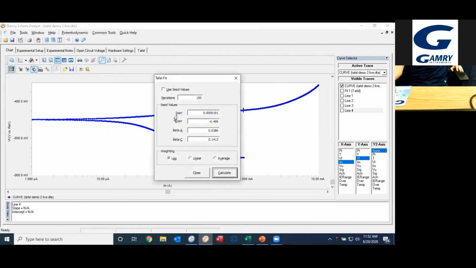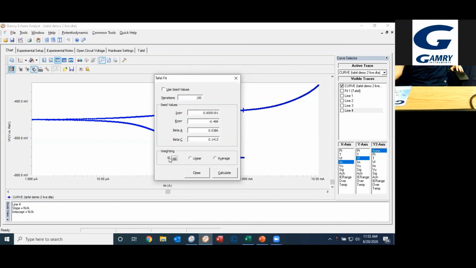For the regression we're using, you can pick the number of iterations. If you want to pick your own values to start with, you can by using the seed value. And then for the weighting, you have a log weight, linear, or an average.